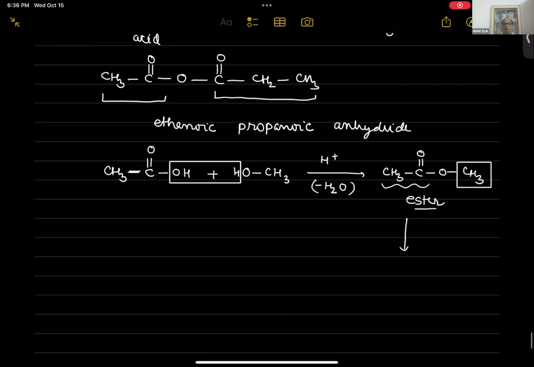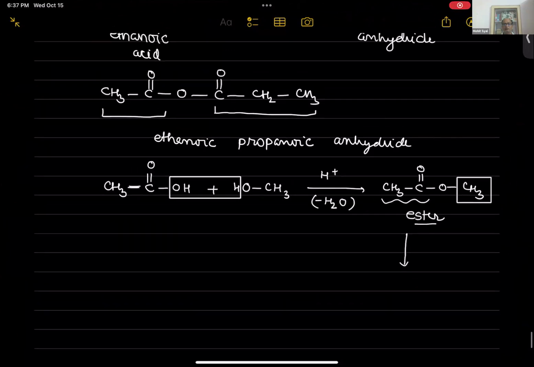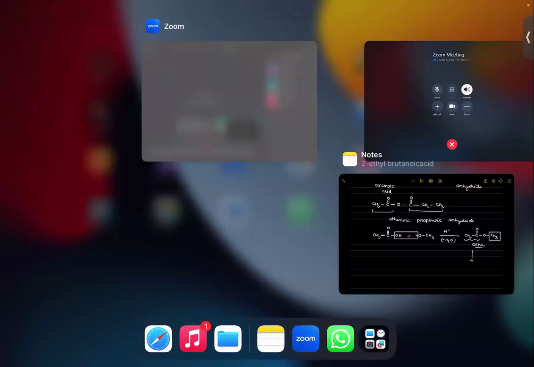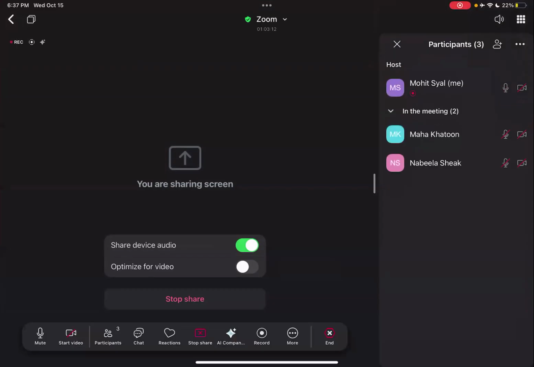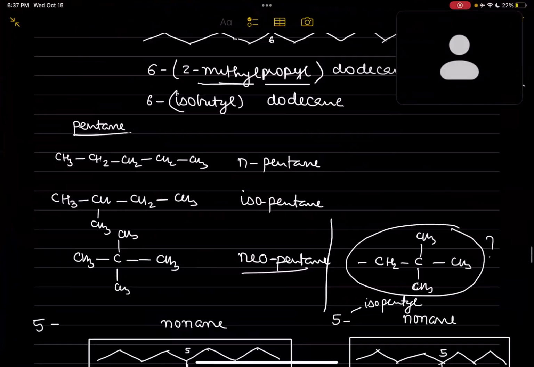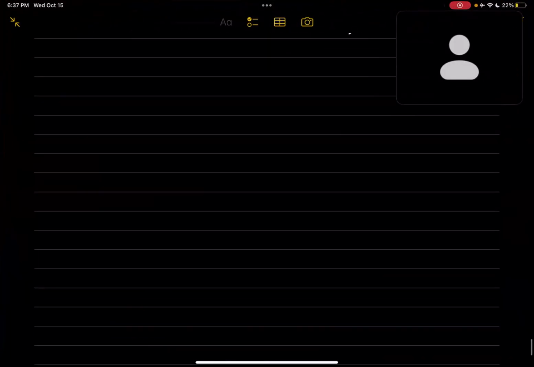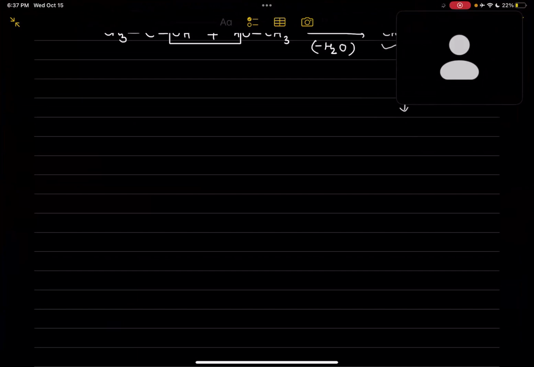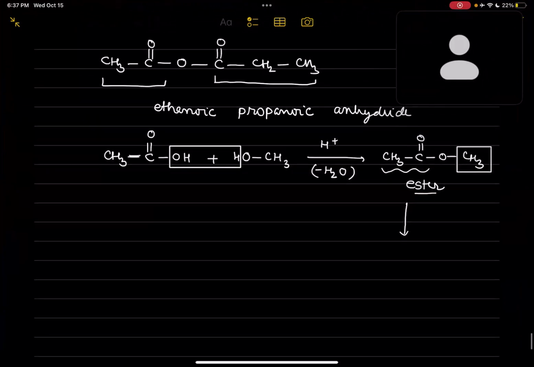Yeah, tell me. Word root. Which is the word root? Pro somehow. Pro.